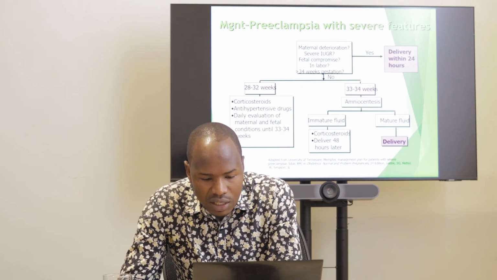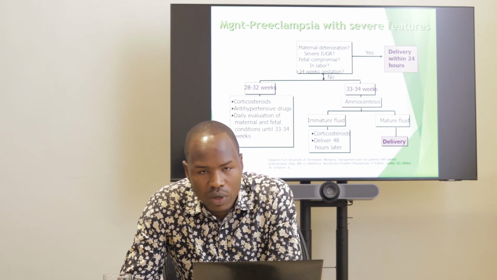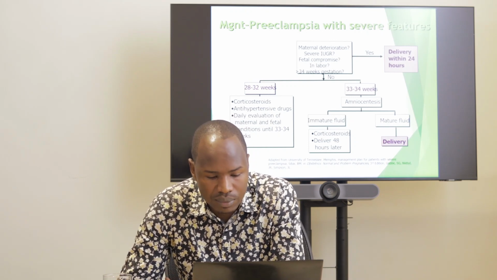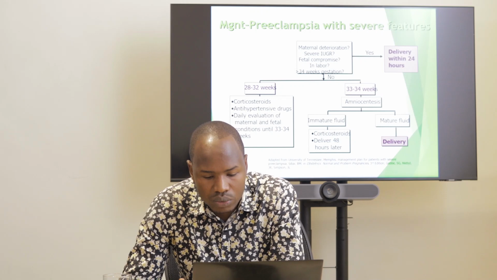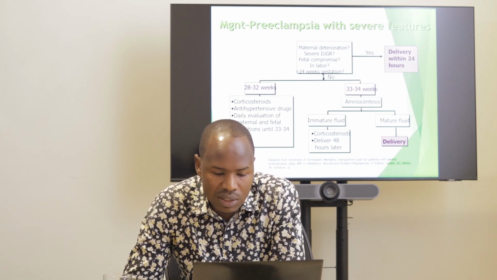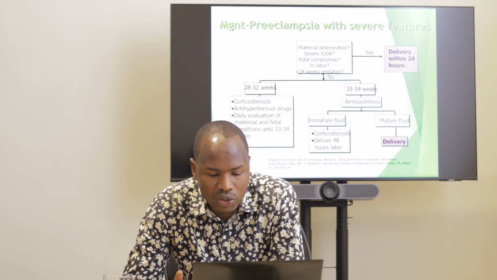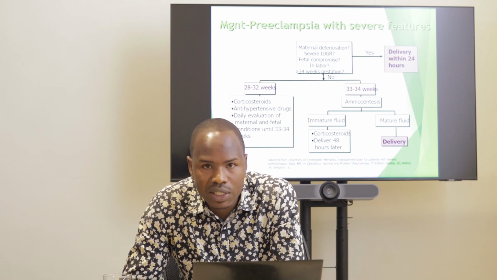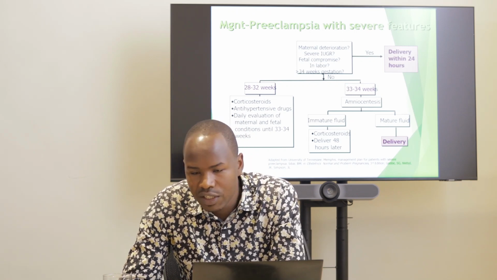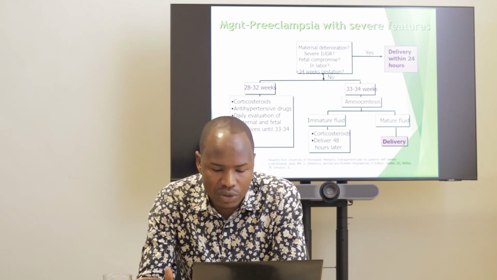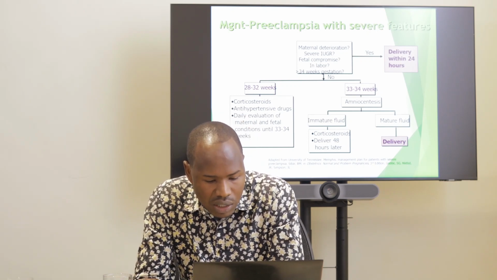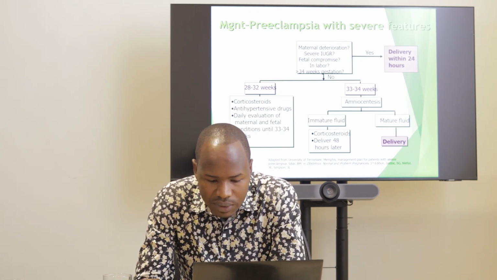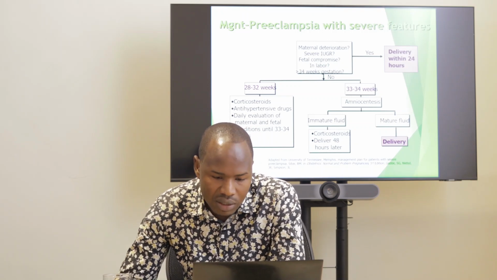And if she's 33 to 34 weeks, we have to do amniocentesis to see whether the fluid is mature or immature. If the fluid is immature, it means the fetal lung is not yet mature. We give corticosteroid to promote fetal lung maturity and deliver the baby within 24 hours after completion of doses of corticosteroids. If there are features of lung maturity, immediately you deliver the baby.